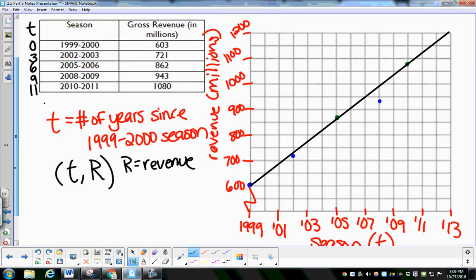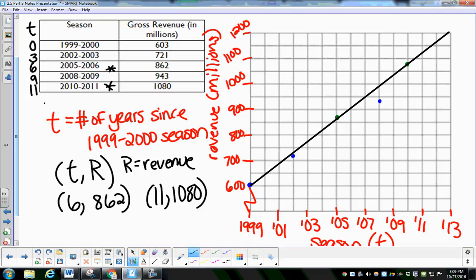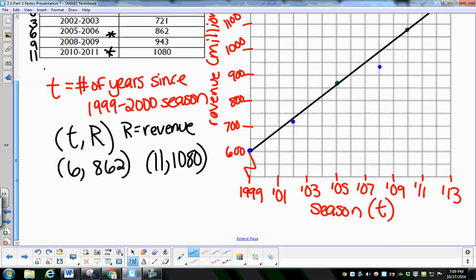So the 2 points they want us to work with are the 2005 point, which is this one, which is 6 years since the 1999 season, and it had an $862 million revenue. And then the other point is, I'm going to write it next to this one actually, is the 2010 season, this one, which is 11 years after the 1999 season, and they made $1,080 million. It's kind of a weird way to say that.